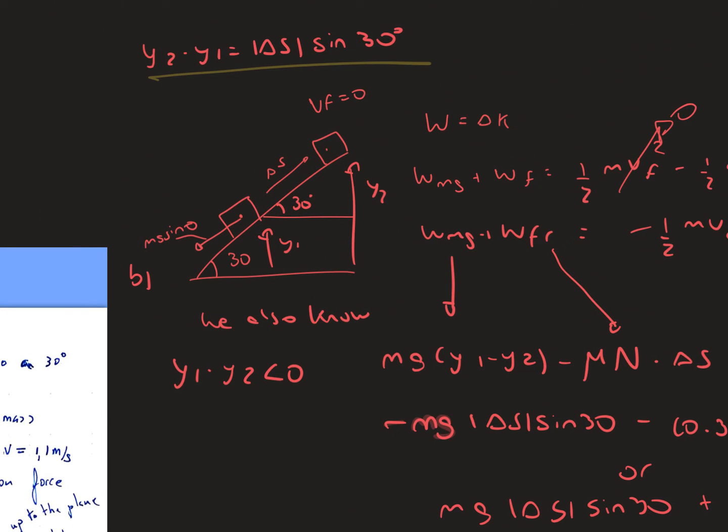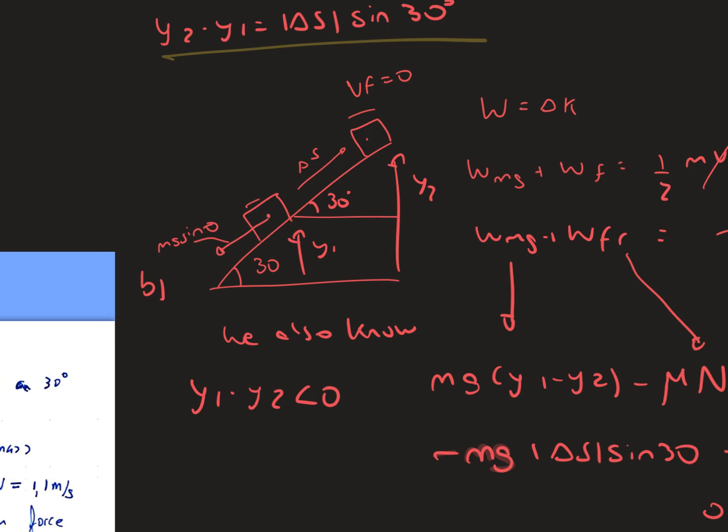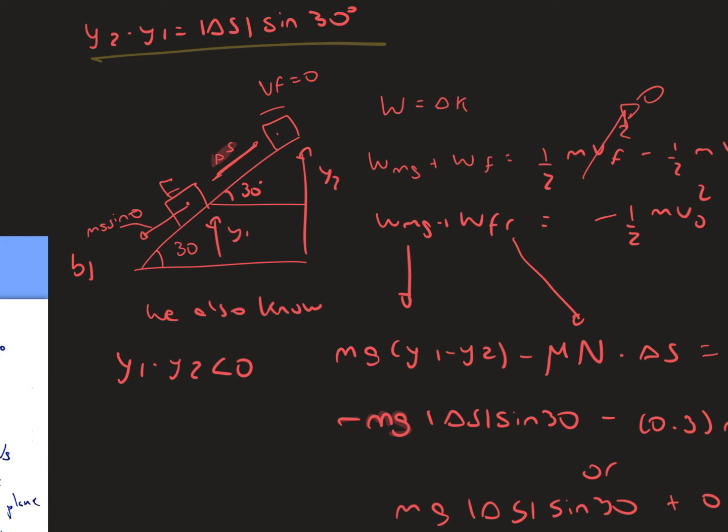We have two masses, one right here and one right here. In this case, these two masses are the same, because it's the same one that is just moving, and that's where we represent the displacement as delta S right here. We also know other values such as theta, which is 30 degrees.